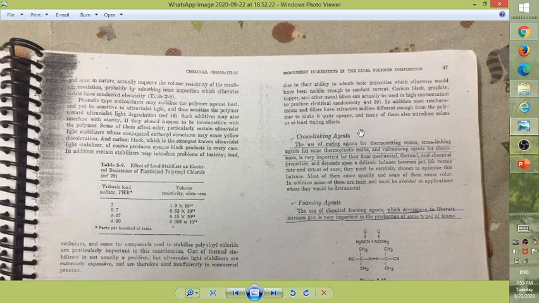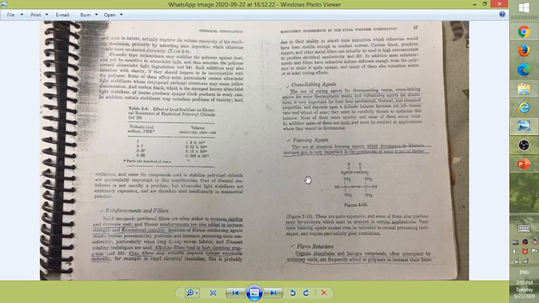So in every additive, he is just in the first paragraph explaining the role of that additive and then how it can be harmful as a final polymeric composition. Then foaming agents. The use of chemical foaming agents which decompose to liberate nitrogen gas is very important in the production of some type of foam.